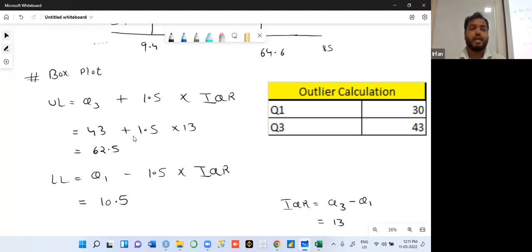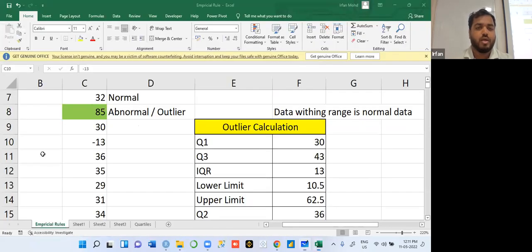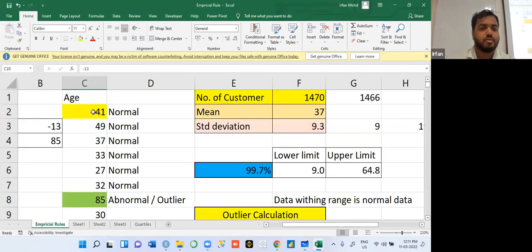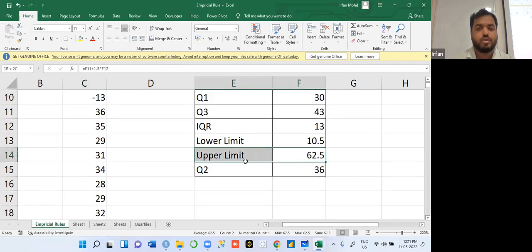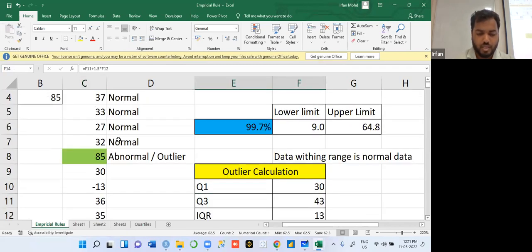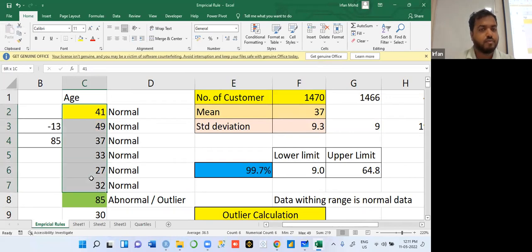Can I say any value greater than the upper limit is an outlier? Any value lower than the lower limit is an outlier? Any number greater than the upper limit, guys? What is the upper limit value? 62.5. Any number greater than 62.5?